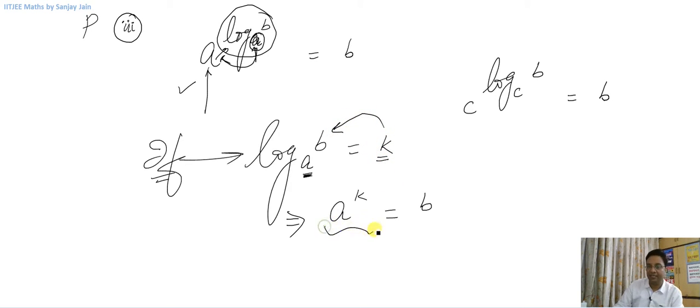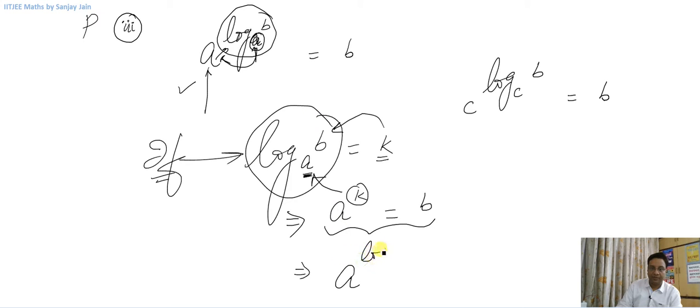So I have written a raised to power k equal to b. And what is k? k is nothing but this expression. So in the next line, I'll write a raised to power log b to the base a is equal to b, right? So this is a simple observation, this property number 3.